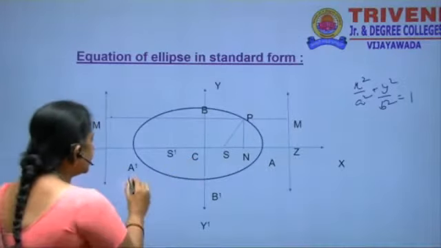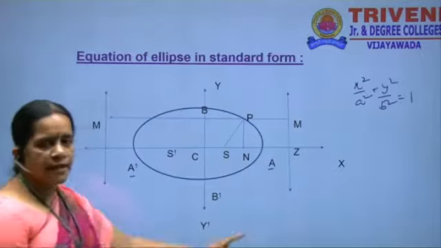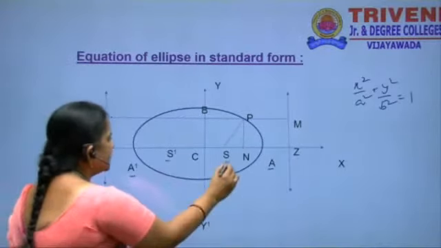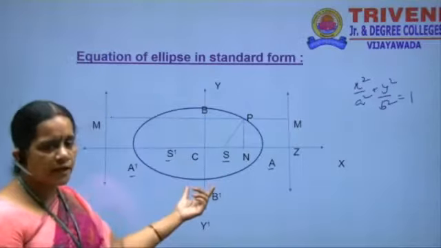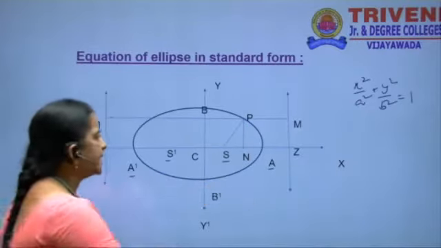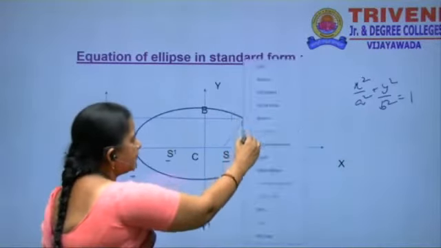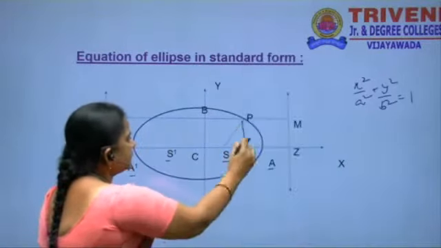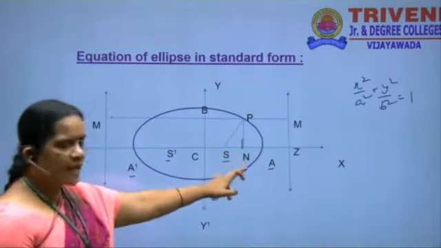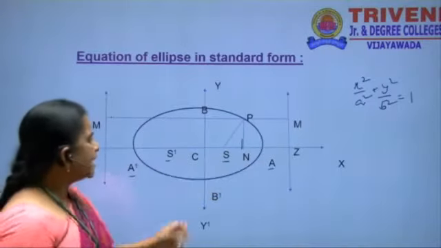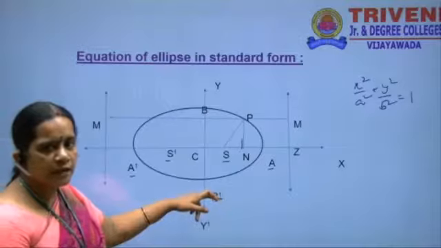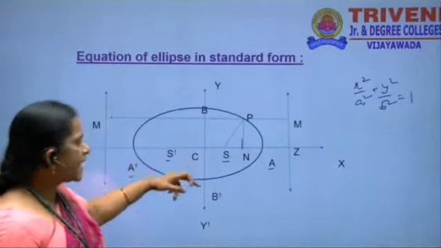A and A dash are the vertices, and S and S dash are the foci. P(x, y) is any point on the ellipse. PN is the perpendicular drawn to the x axis. Suppose B and B dash are where the ellipse meets the y axis.